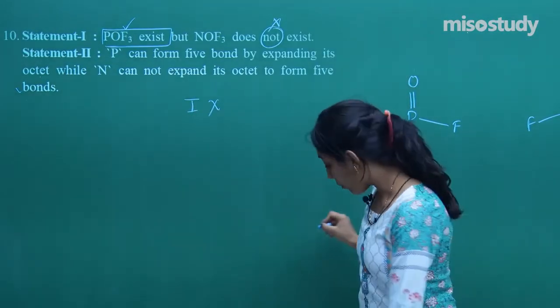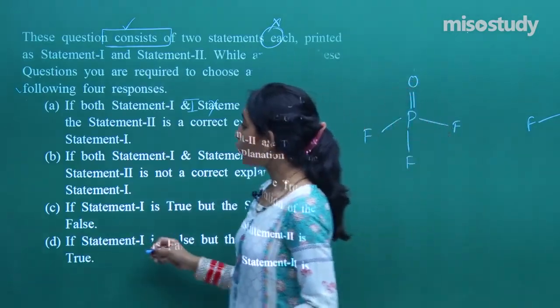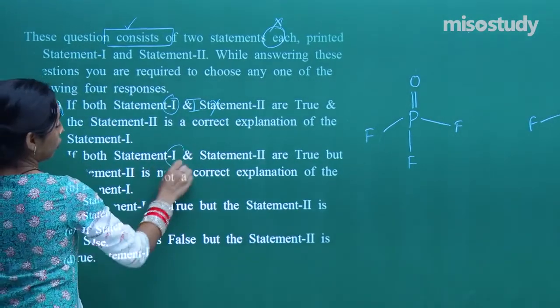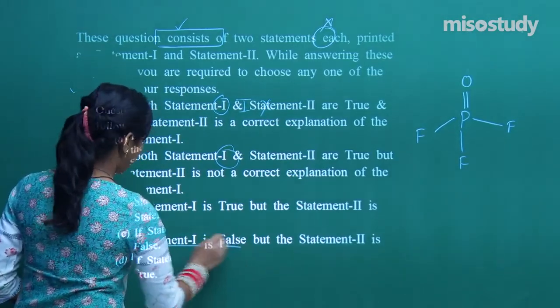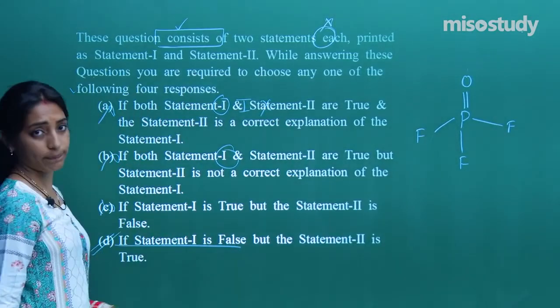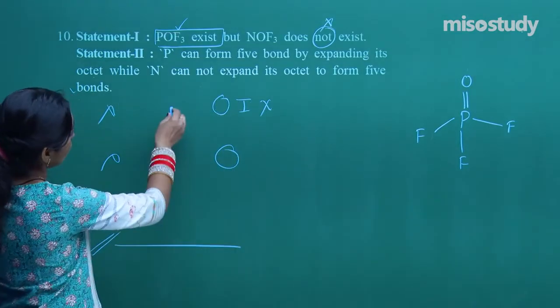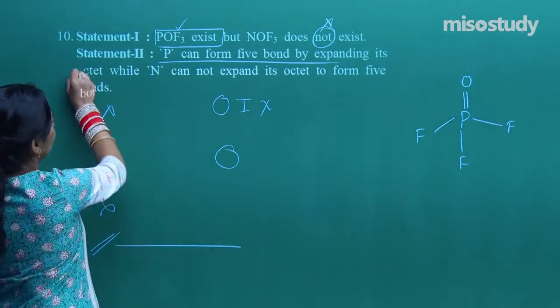And when statement number 1 is false, see the options: true, no. True, no. If statement number 1 is false, the only option is D. That's it. But still, in case you want to check, the second says that P can form 5 bonds by expanding its octet.